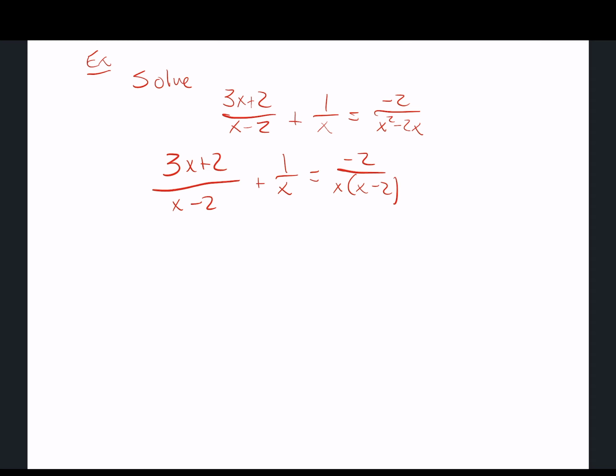So what this tells us is that our least common denominator is what? Well, the least common denominator is x times x minus 2. So we'll multiply both sides of the equation by x times x minus 2. Just copy this down.